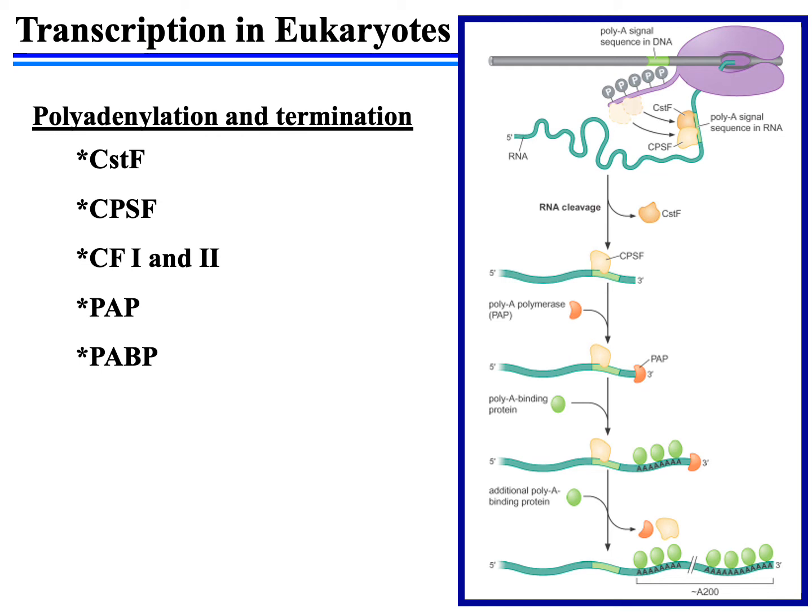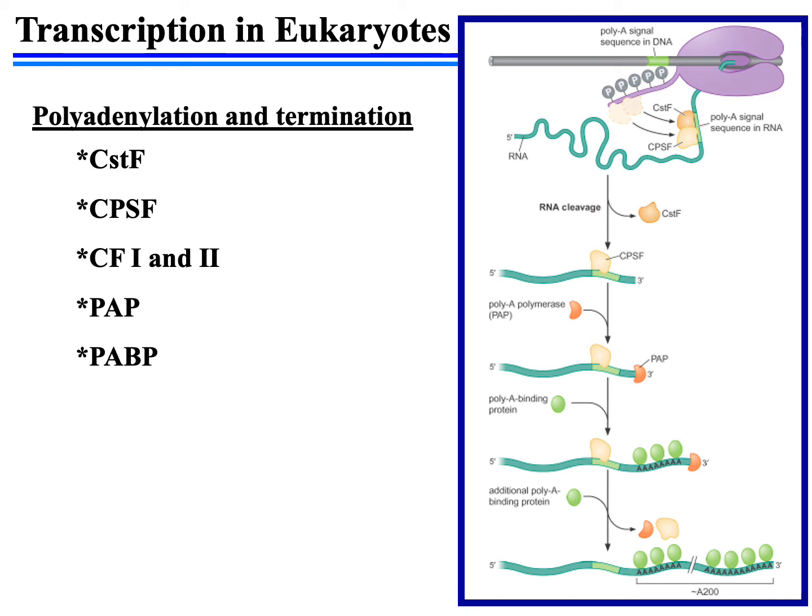So two sequence elements are found in the gene and then the corresponding transcript. An upstream element upstream of the polyadenylation site, and then the polyadenylation signal site itself.